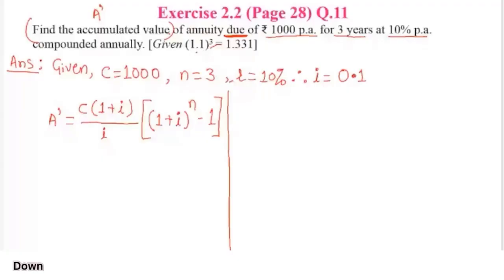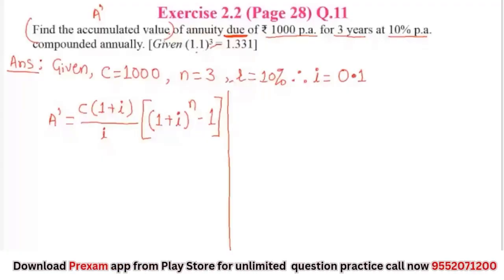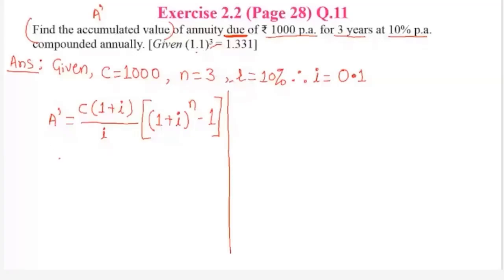Selvin, they are asking annuity due, so you have to find annuity due. And if you do just A, not annuity due, then your answer is wrong. Okay? Chaliye. Substitute all values.